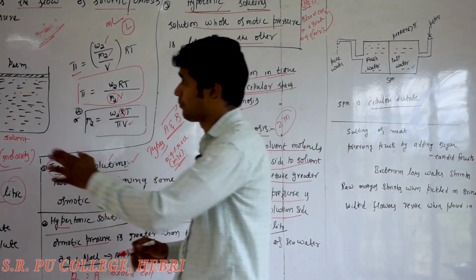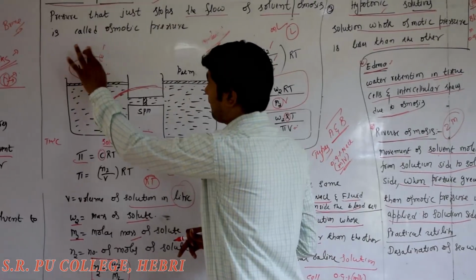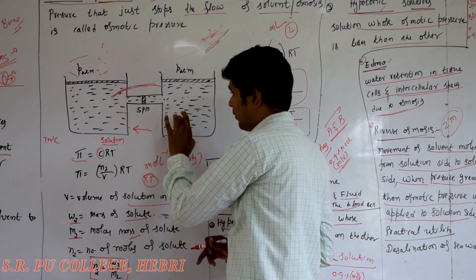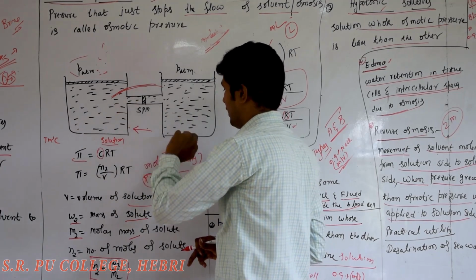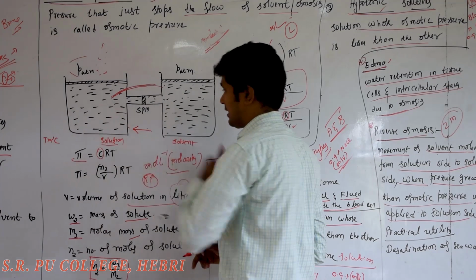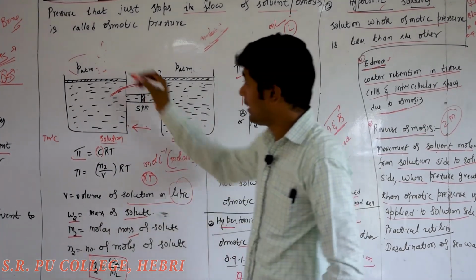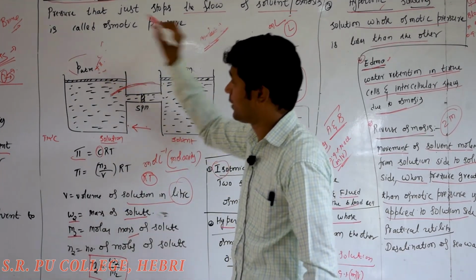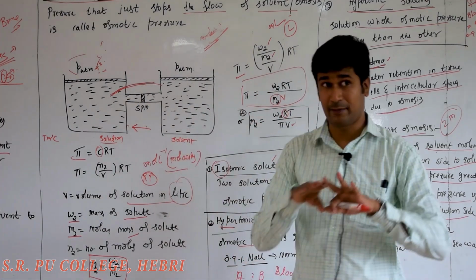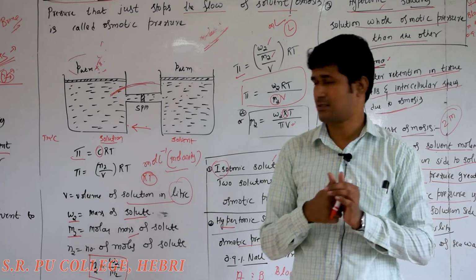See here, at normal atmospheric pressure, solvent molecules enter into the solution. The movement of solvent takes place from solvent side to solution side. You can stop it by applying osmotic pressure. Now the pressure on both sides becomes equal, no osmosis.